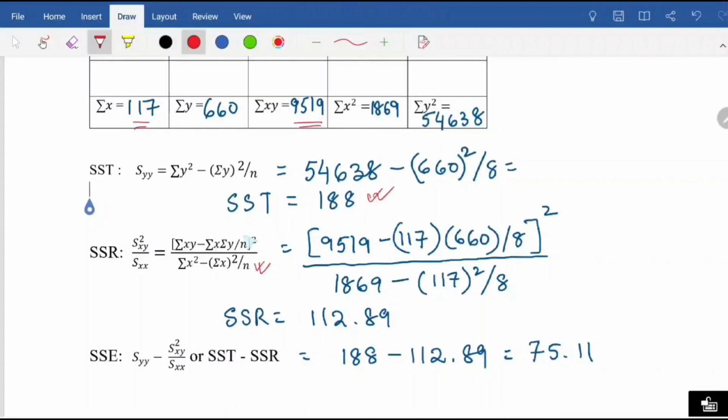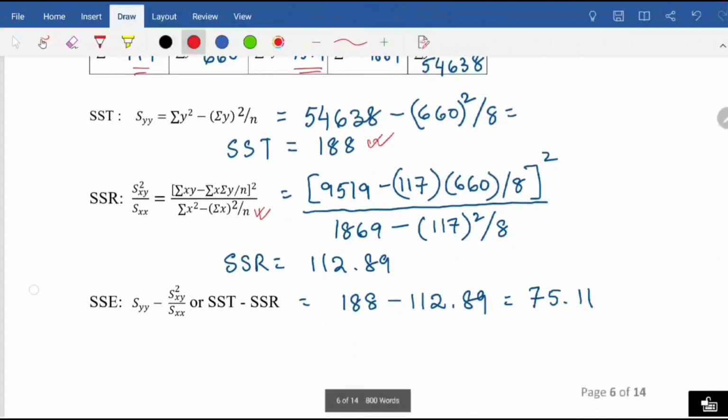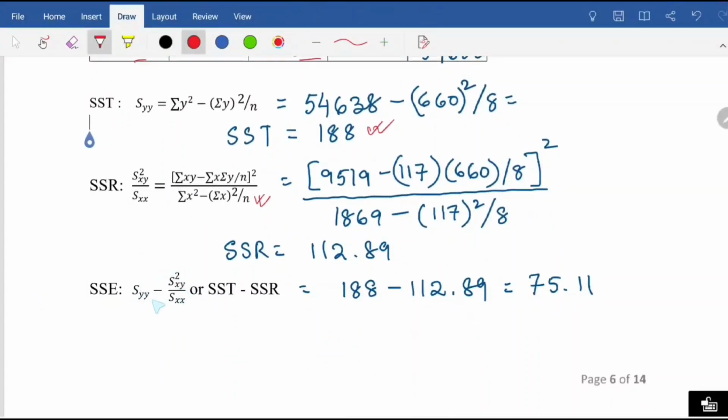All right, so that's our SSR. Now that we have SSR and SST, SSE should be easy. Please don't try to use this formula. If you know SST and SSR, just subtract SSR from SST to get the value of SSE, and that's 75.11.